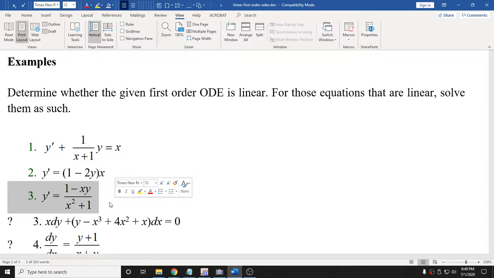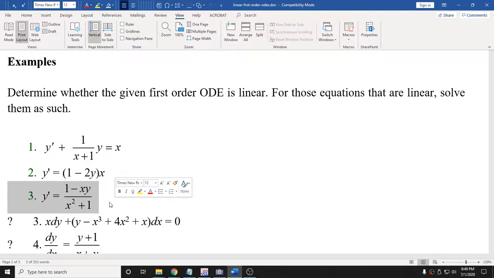So here we have x squared plus 1 to the 1/2, and there you have x squared plus 1. This is the power 1, this is the power 1/2. So I can just write 1 over x squared plus 1 to the 1/2.